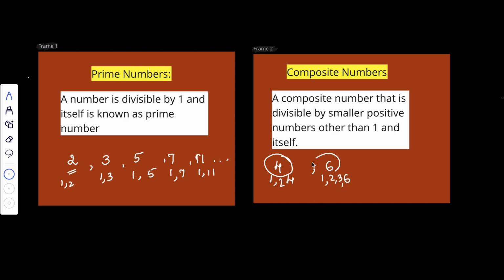So this 6 is divisible not only by 1 and itself, it is divisible by some other numbers also. So these numbers are known as composite numbers. Other examples: 8, 16, 25, 18, etc. These all are composite numbers. So a composite number is one that is divisible by smaller positive numbers other than 1 and itself.